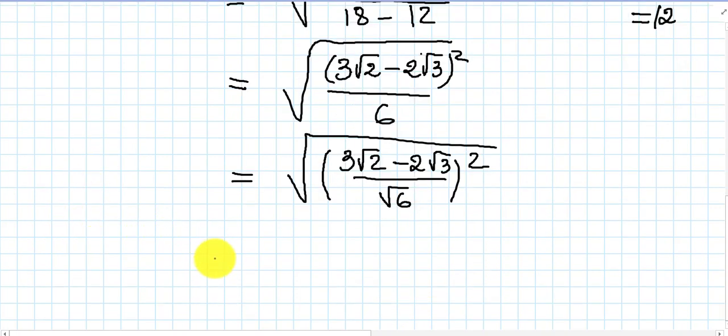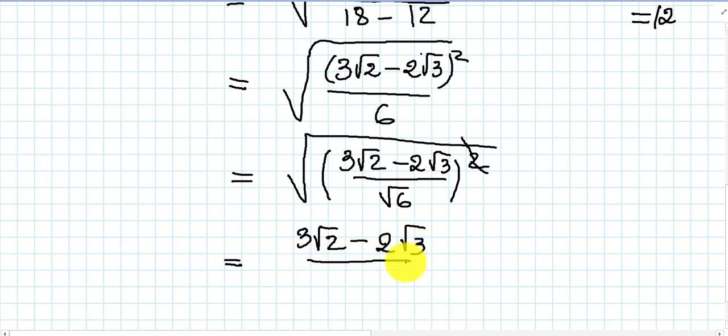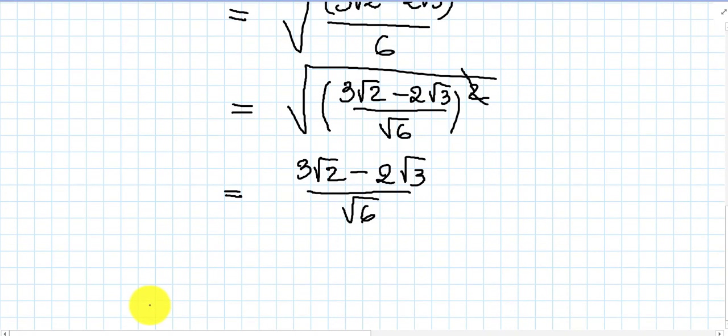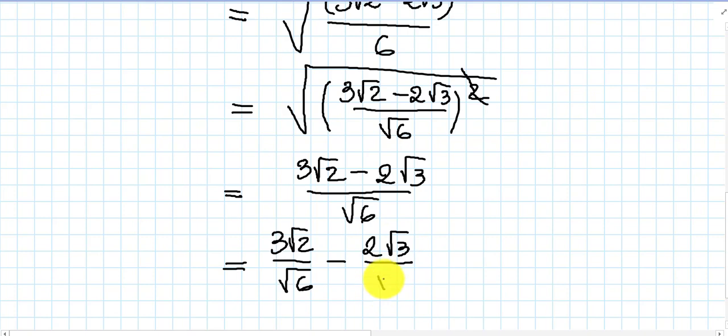And we can simplify the square and square root. We get 3 square root 2 minus 2 square root 3 over square root 6. And then we get 3 square root 2 over square root 6 minus 2 square root 3 over square root 6.